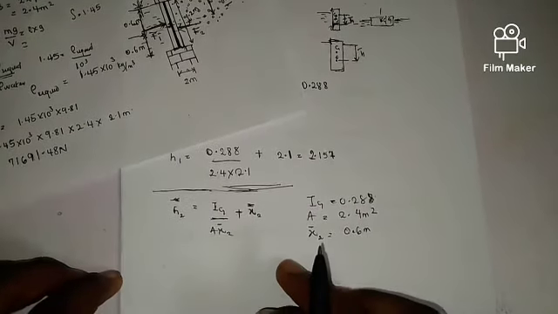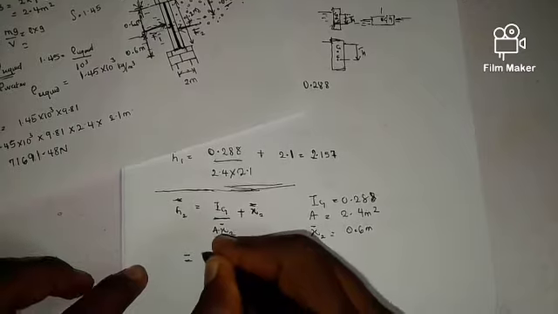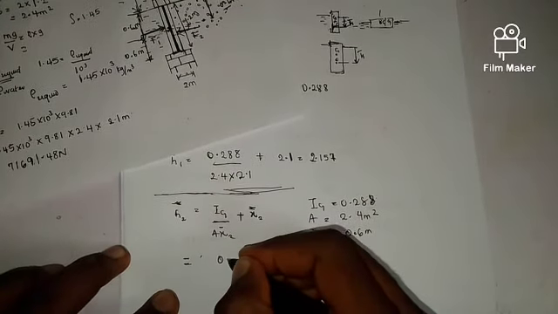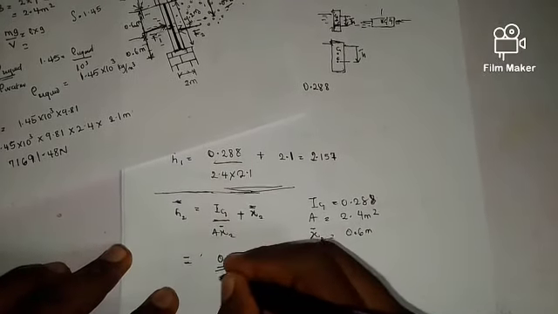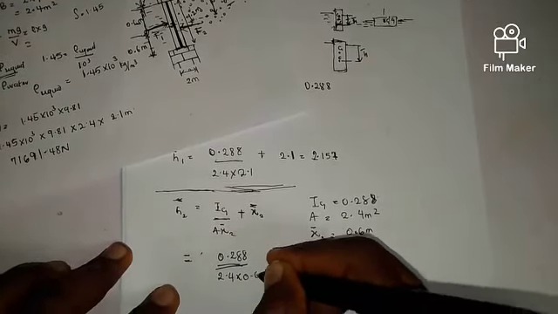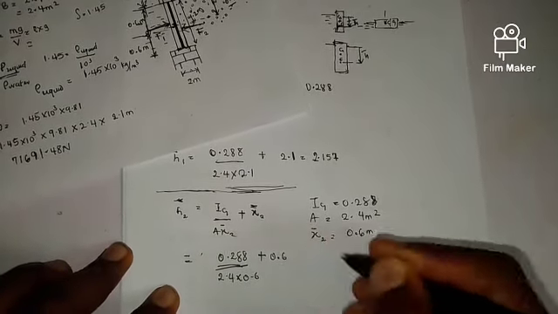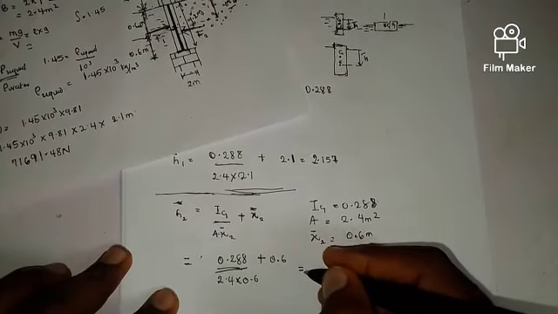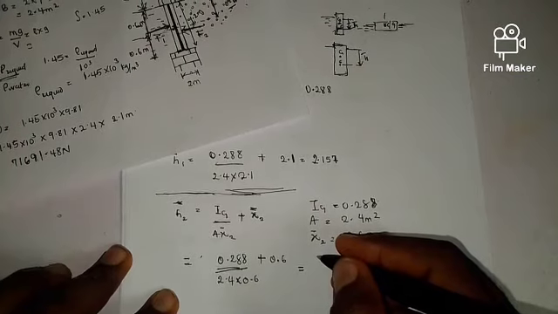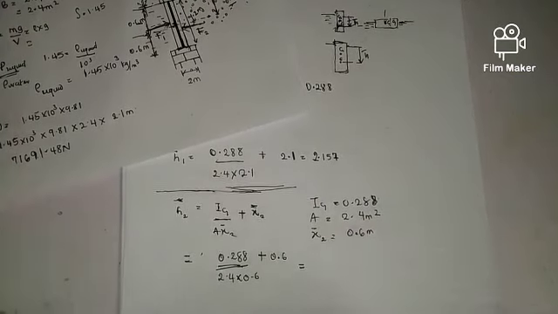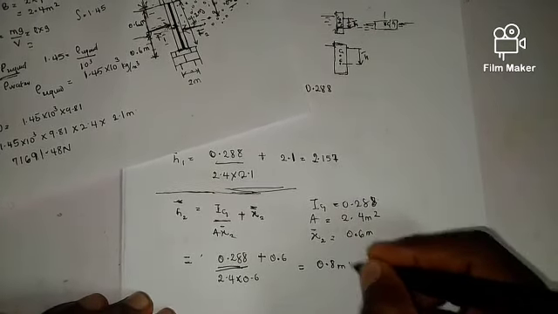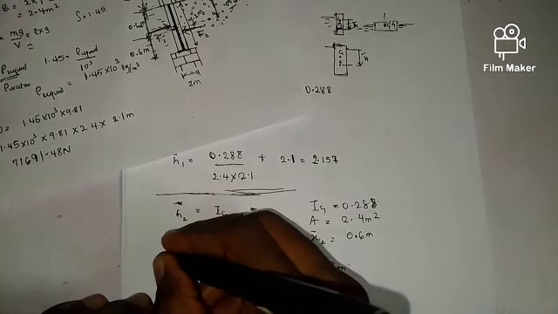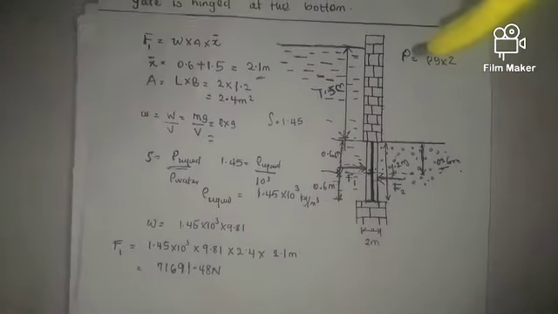So putting it in my equation, I have a center of gravity with 0.288 divided by my area, which is 2.4 times 0.6, plus 0.6. So this gives me, putting it back in my equation, 0.8 meter. So this is my H bar. Successfully calculated my center of pressure acting on both sides of the liquid.